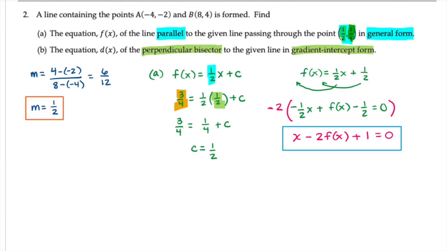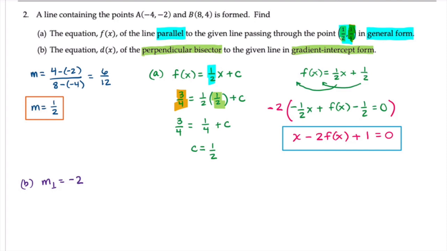For part B, we want the equation of d of x, which is the perpendicular bisector to the given line, in gradient-intercept form. So the first thing that we want to do is identify the slope that we have to work with. Our slope is going to be -2. The original slope was 1/2.